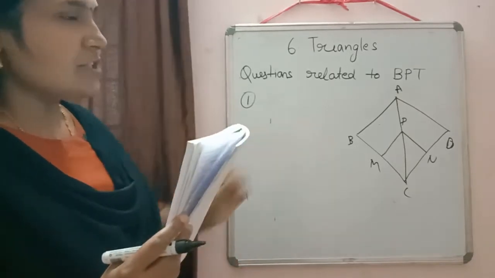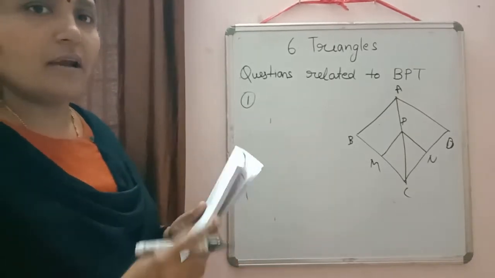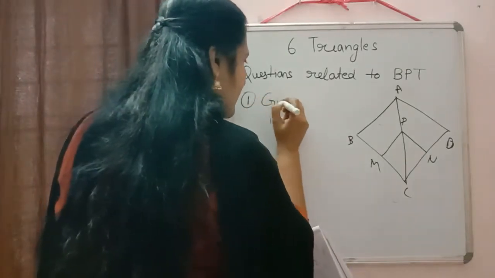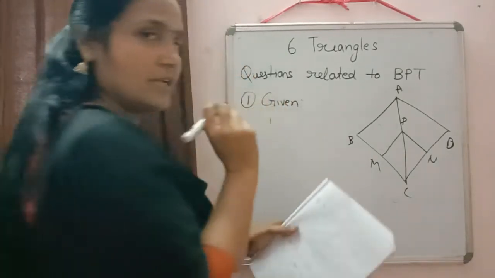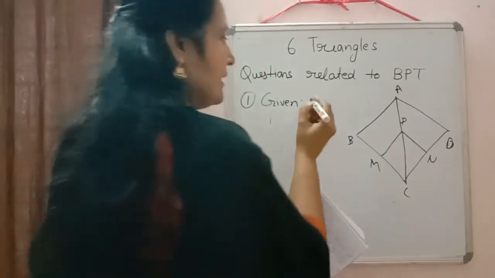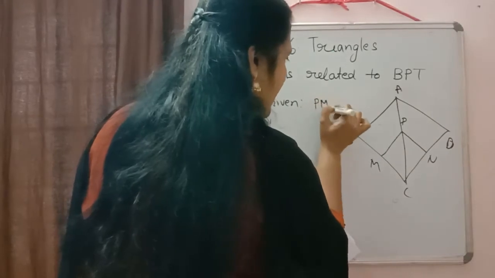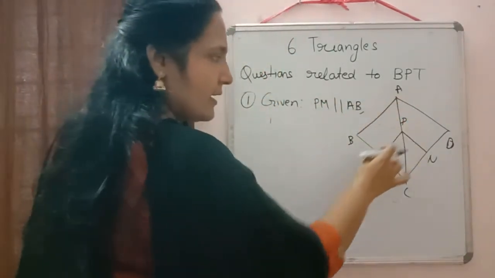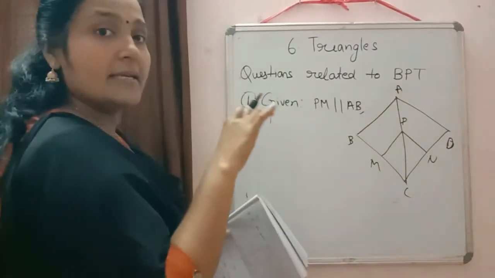Whenever any question is there, first you have to write what is given in the question. So first we will write here, given. Now we will check in the question what conditions are given. Yes, the first condition given is PM parallel to AB. In the diagram you can check, PM parallel to AB is given.